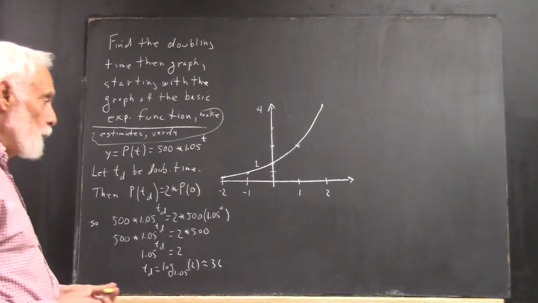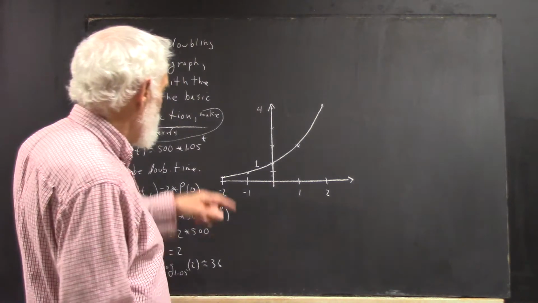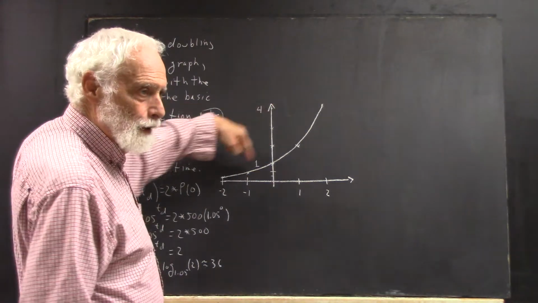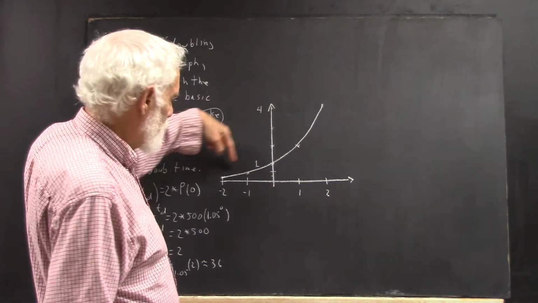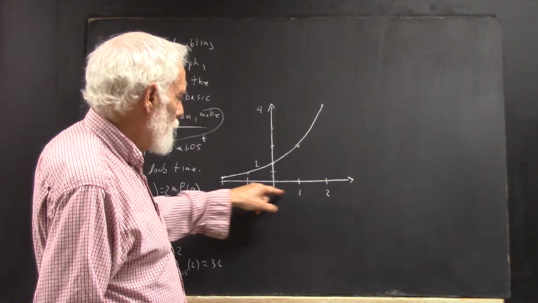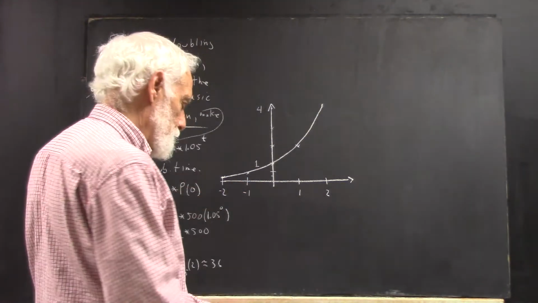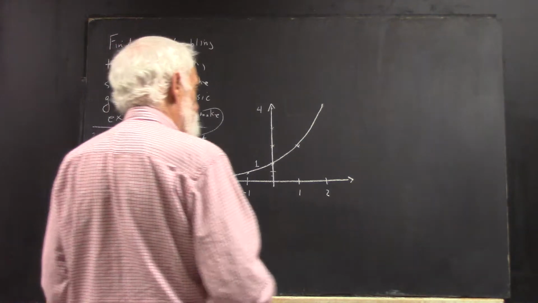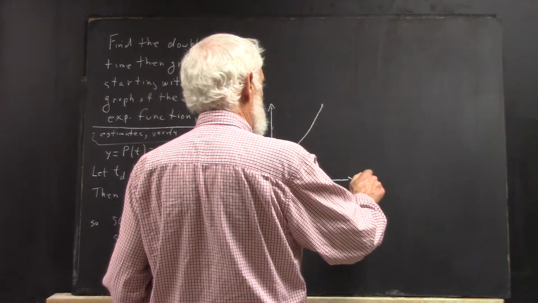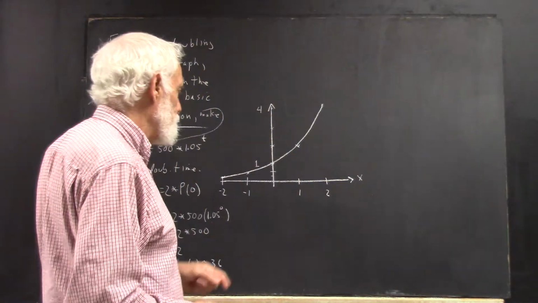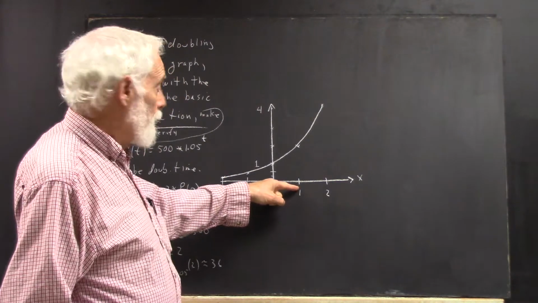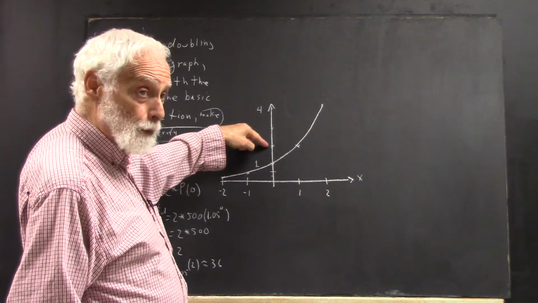Okay, notice that the basic exponential function, and certainly you've seen this property, doubles every time your argument changes by 1. So if x goes from 0 to 1, the value of the function goes from 1 to 2, it doubles.